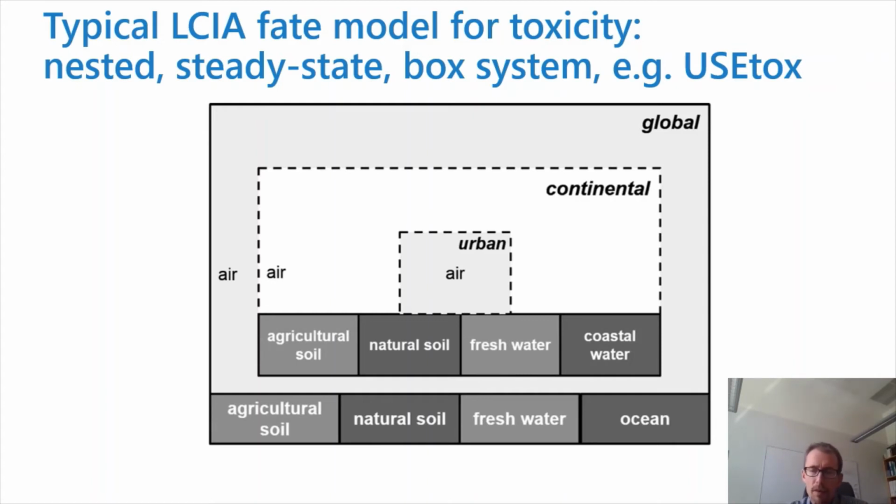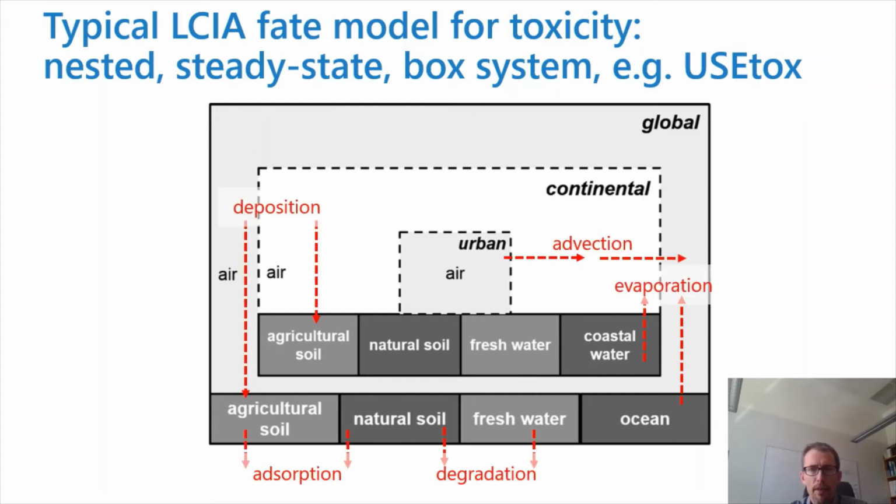Then it's acted on by natural forces like gravity, causing deposition, and wind, causing advection. All of these forces and more, and other processes like degradation processes, microbial degradation processes, for example, that eliminate the chemical, are taken into account. And this enables us to calculate a concentration of the chemical in each of the relevant compartments.